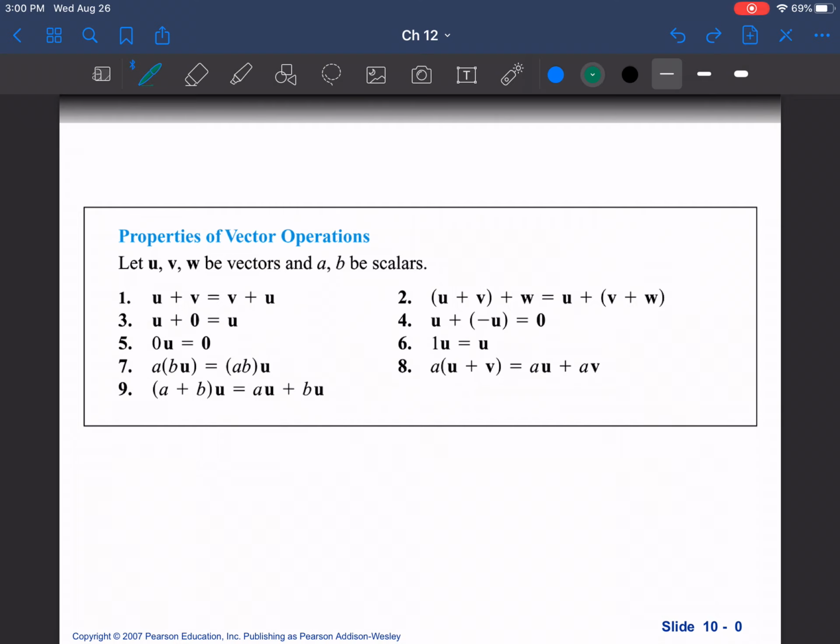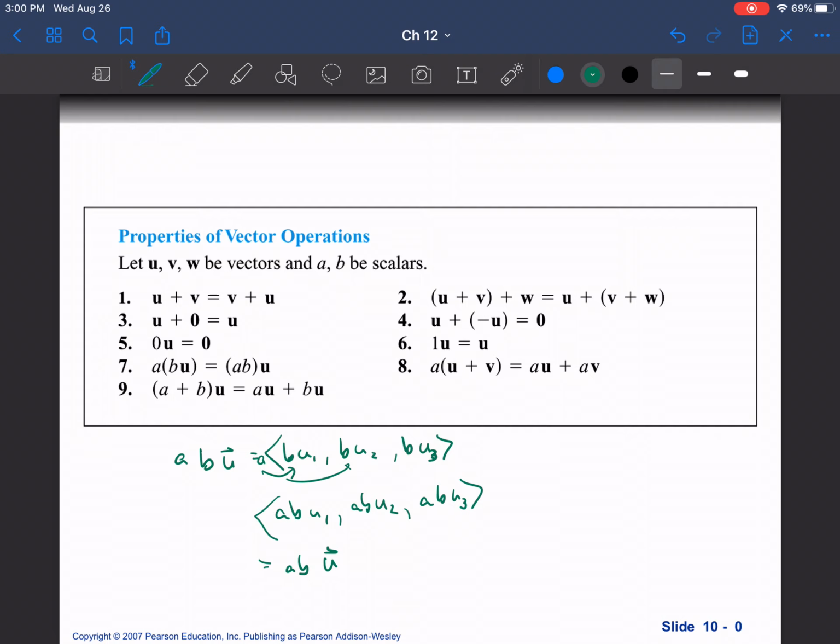Here, a times the vector bu is the same thing as ab times u, because if you think about it, bu is just bu1, bu2, bu3, and then a times it puts the a inside: abu1, abu2, abu3, in component form, which ultimately just equals ab times the vector u.